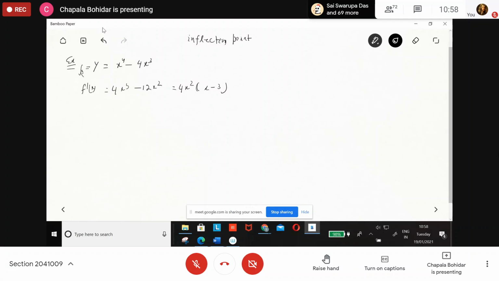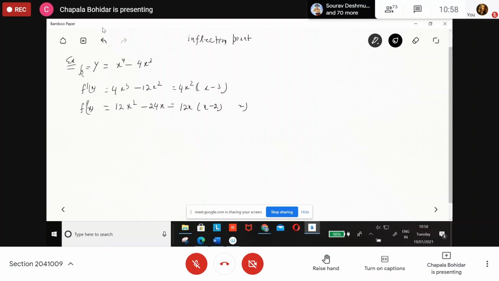Now what we have to find out: it is not given to you increasing and decreasing. It is given to you the concavity upward or downward, and point of inflection, so you have to find out the double derivative. So we get 12x^2 minus 24x, take common 12x, then it is (x minus 2).